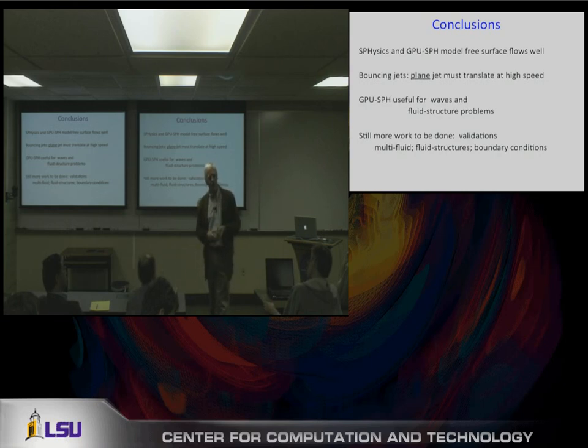But for channels, we have the periodicity, so what comes out this end comes in this end. That works right now. That's how we test the lava, by letting it free fall down the mountainside and looking at velocity profiles. For lava, the boundary layer works out pretty well. It's so viscous.